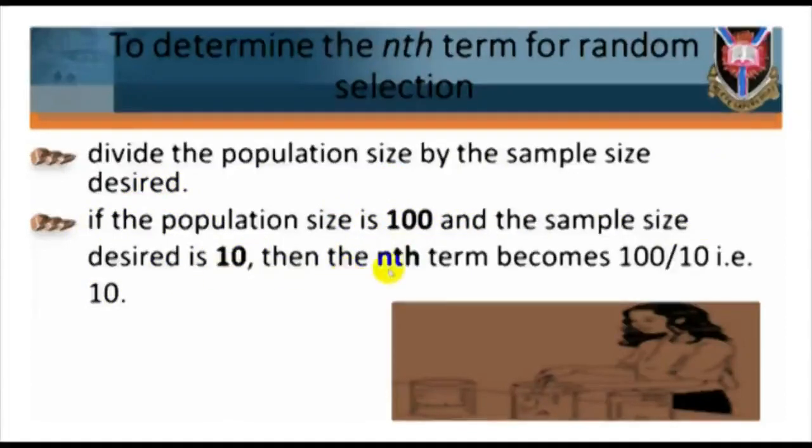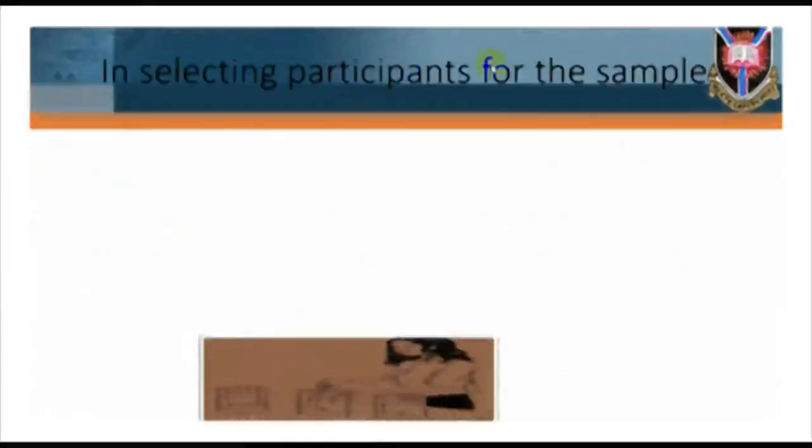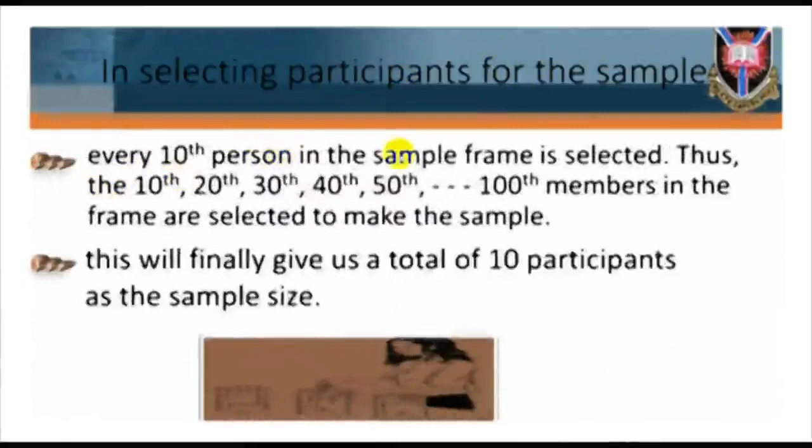In selecting participants for the sample, every 10th person in the sample frame is selected. Thus, the 10th, 20th, 30th, 40th, 50th, up to the 100th member of the frame are selected to make the sample. This will finally give us a total of 10 participants as the sample size.